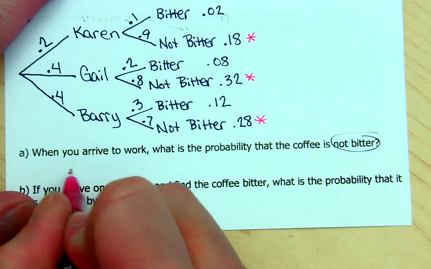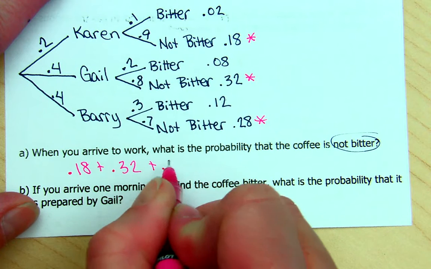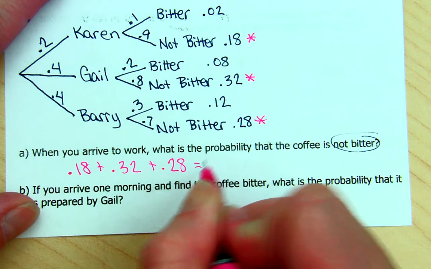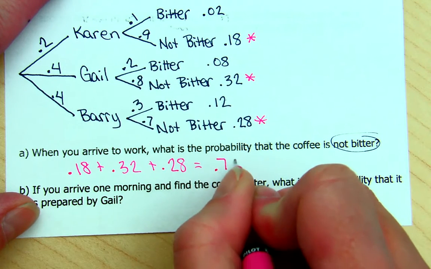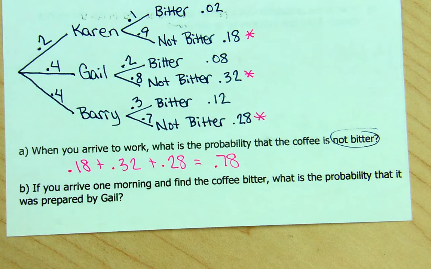So if it's an or, we add. So 0.18 plus 0.32 plus 0.28. We get 0.78. That seem okay?